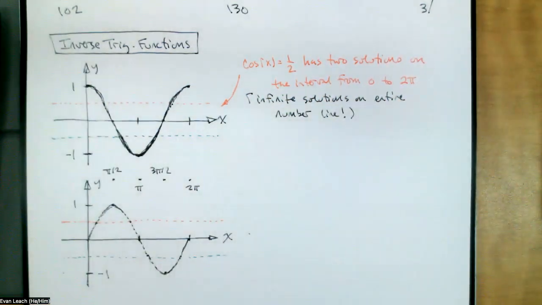So we do note that there are infinitely many solutions on the entire number line. But cosine of x equal to 1/2 has 2 solutions on the interval from 0 to 2 pi.